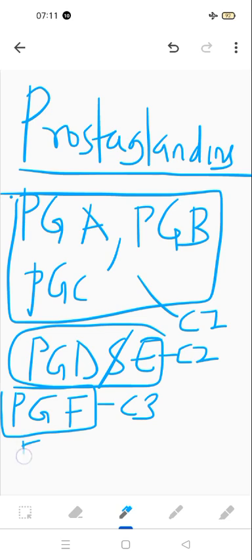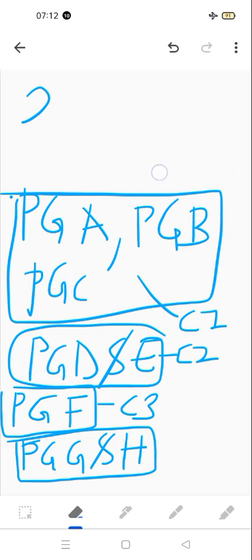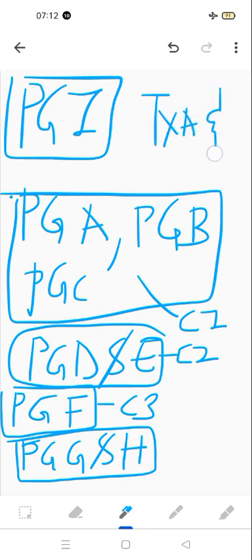I'll classify prostaglandin G and H as class 4 prostaglandins. Also we'll talk about prostaglandin I, which are the prostacyclins. And lastly, I'll talk about the thromboxanes, thromboxane A and thromboxane B.